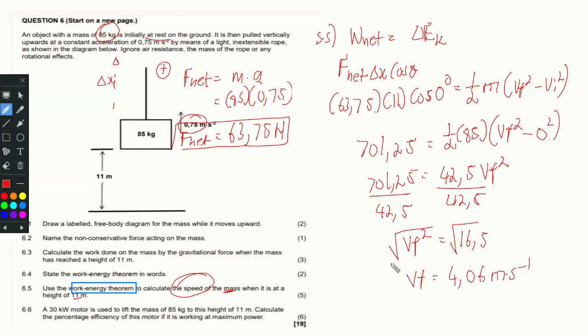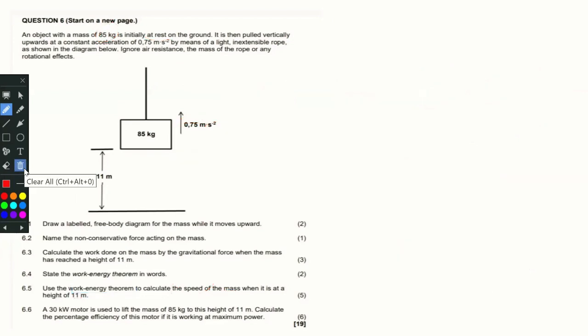So that's it. Now, let's get to 8.6. This is a power question. They say a 30 kilowatt motor is used to lift the mass of 85 kg to this height of 11 meters. Calculate the percentage efficiency of this motor if it is working at maximum power.